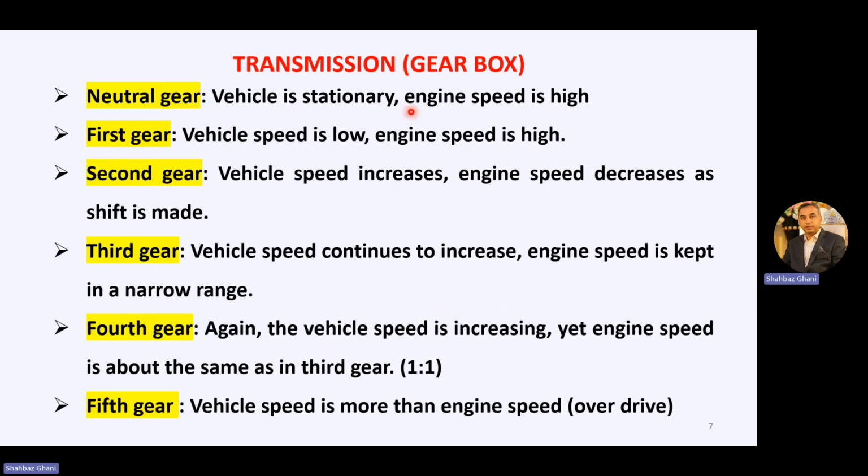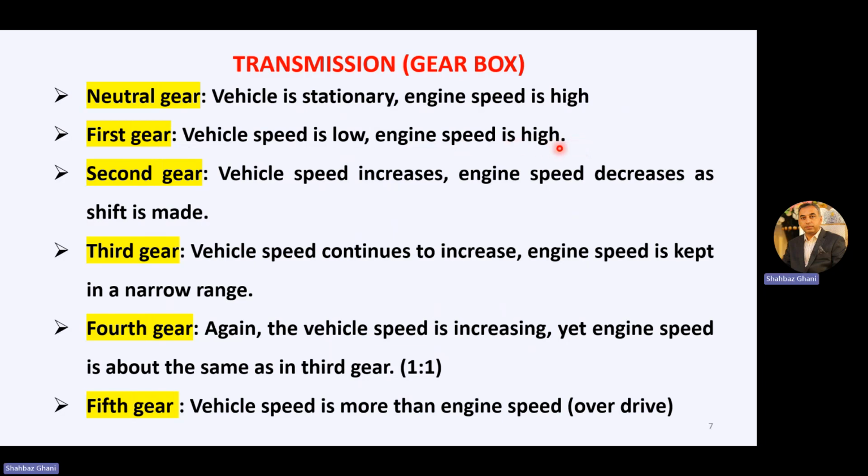Now let's suppose the engine is moving at 1000 RPM. But in the neutral gear, the vehicle will be in stationary condition. There will be no movement. And when we shift from neutral to first gear, the vehicle speed is slow, low. But engine speed, for general understanding purposes, we have fixed or taken as 1000 RPM.